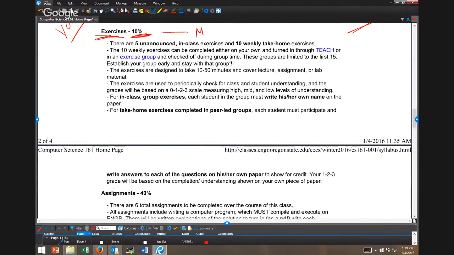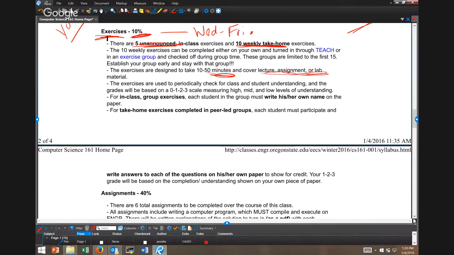We also have these exercises, which are 10% of your grade. Exercises will run Wednesday through Friday, and they are supposed to be about 15 minutes and cover prior lecture, assignment, or lab material. These are meant for just kind of preps for both your assignment and lab, and you will have 10 weekly take-home exercises and 5 unannounced in-class exercises.